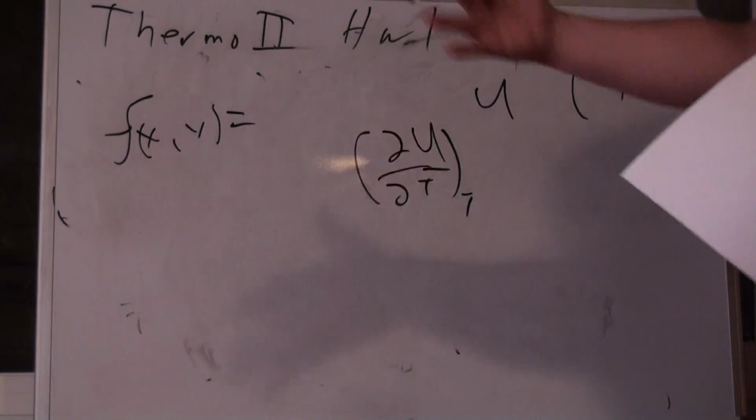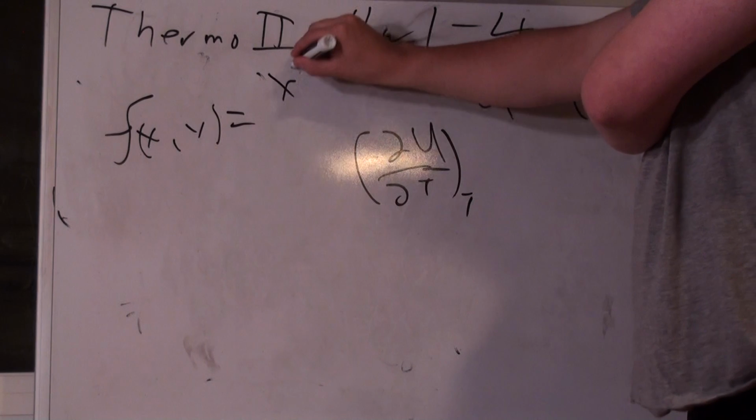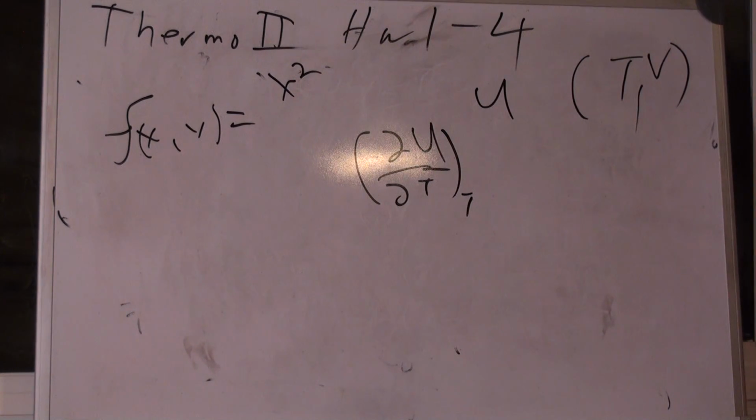Let's say I have a second variable here, like, I don't know, V. So I've got f of x and y, or U, T, and V. But if f is only a function of x and y, a good example would be this guy, assuming x has no relationship to y. If I have f of x, y, I can see that it is only a function of x, right?